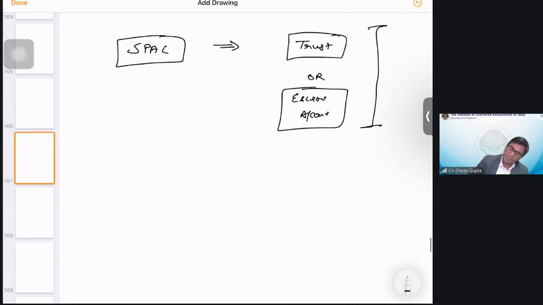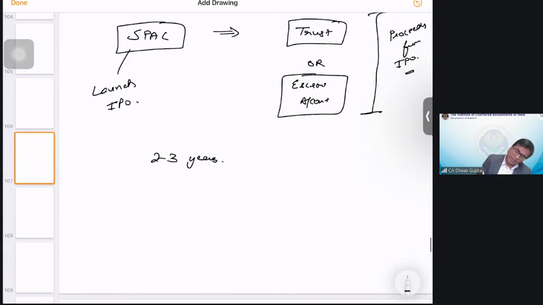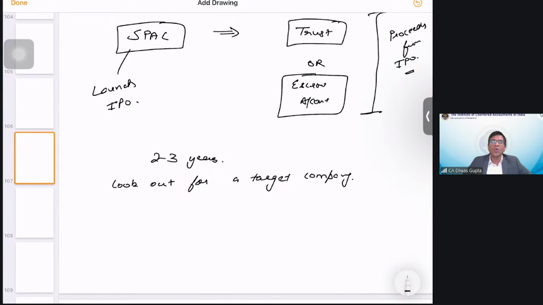These are all proceeds from the IPO, and they will do this after they have launched the IPO. Then what will they do after keeping the money in trust or escrow account? For the next 2 to 3 years, they will look out for a target company. So their primary focus is to look out for a company which is good to acquire.